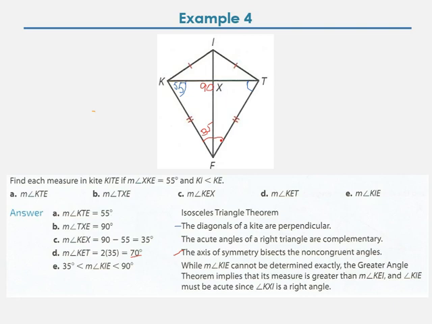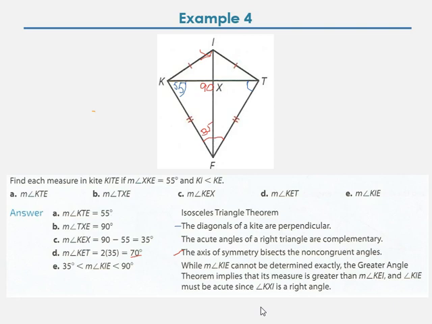We don't have any variables to solve for, but one of the things we do know, because the measure of angle KIE right here, this angle, we can't determine this exactly. The greater angle theorem implies that its measure is greater than KEI. So KIE would be greater than KEI.